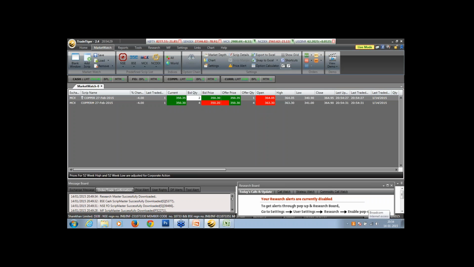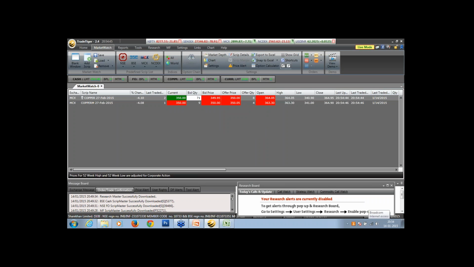Okay, so it's pretty simple. Either you know the percentage, then you multiply it with the lot size and calculate, or else you can calculate through the SPAN calculator.